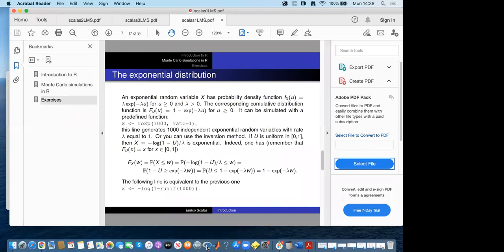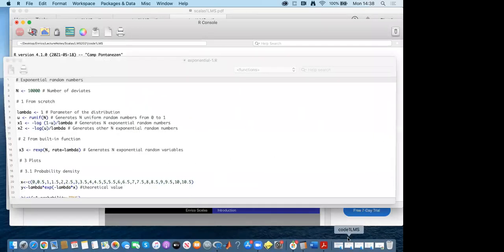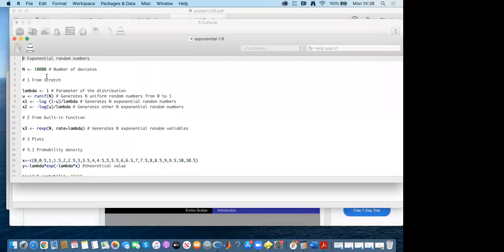And let's move to our program. I have 3 ways of generating the exponential distribution from uniform random numbers, or using the existing function that generates exponential random variables.